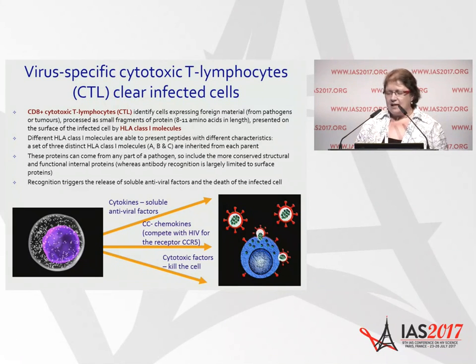Having engaged, with an exquisitely sensitive T-cell receptor, the HLA molecule holding these small peptides, a number of effector functions are triggered, and the relative importance of these differs in different infections, at least in murine models. But cytokines are produced, chemokines are produced, and the cell is also killed.